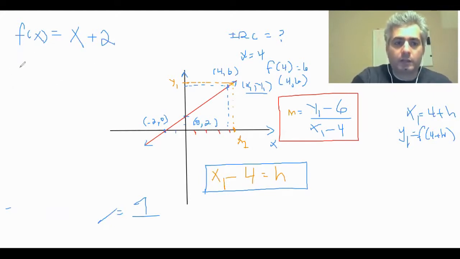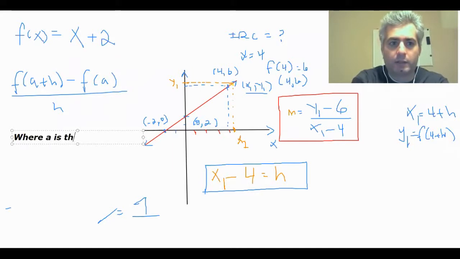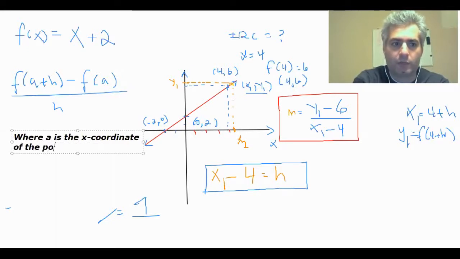And we call this formula f of a plus h minus f of a all over h, where a is the x coordinate of the point of interest, so where we want to find the IRC.